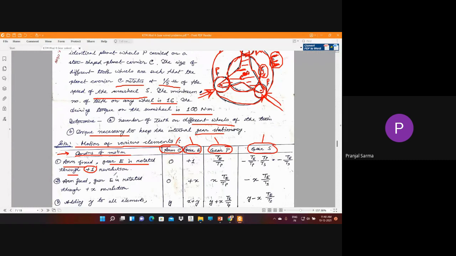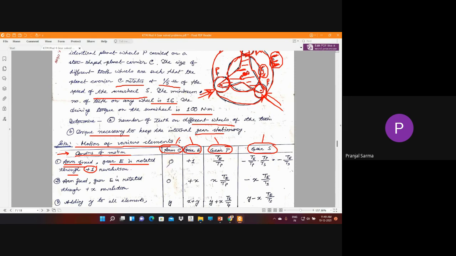If you consider anti-clockwise as positive, then the clockwise direction has to be given a negative sign. That is up to you. If you consider clockwise positive, then anti-clockwise has to be negative, and vice versa. Understood? So now let's consider the arm is fixed, and you are giving gear E a plus one revolution.